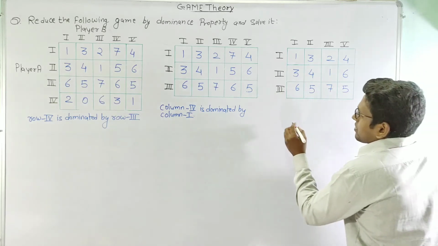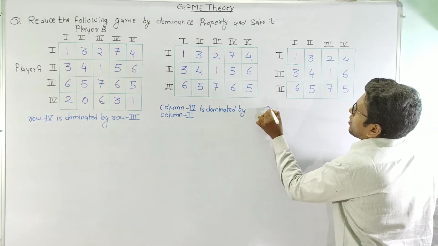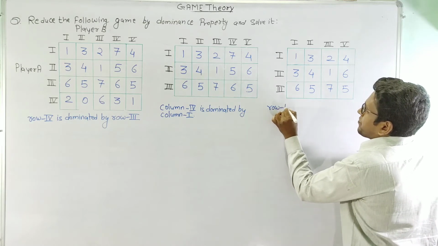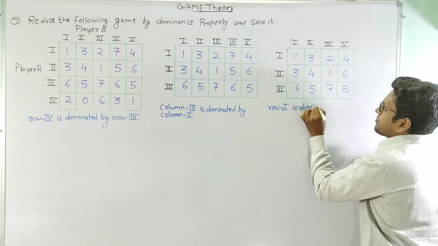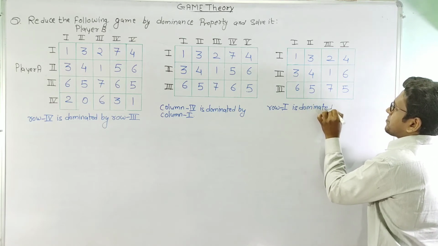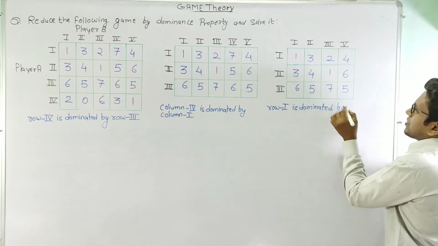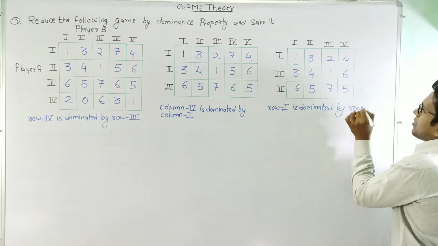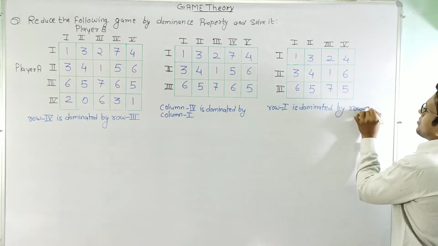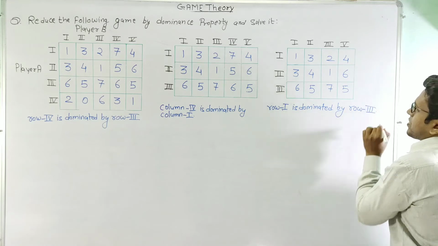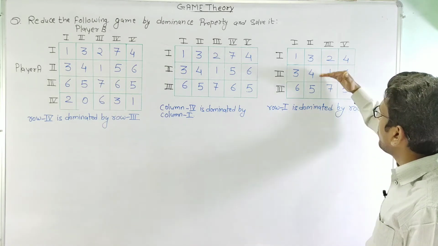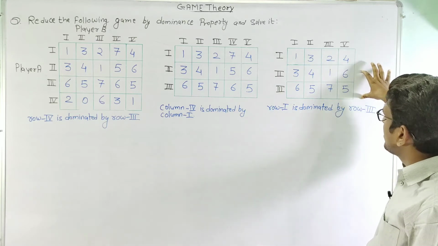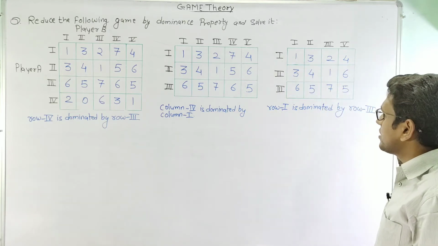So let us write here row 1 is dominated by row 3. So as a result of this we will eliminate row 1 and these 2 rows will be remaining.